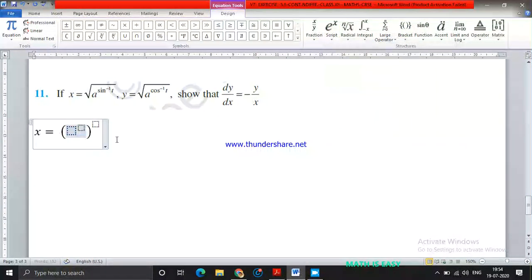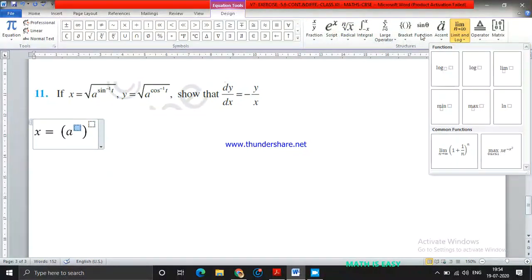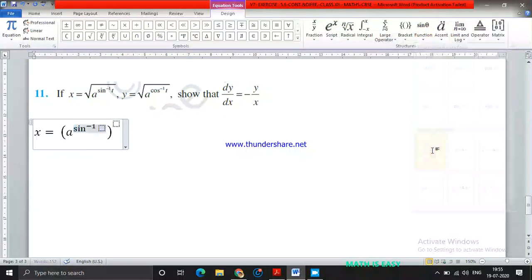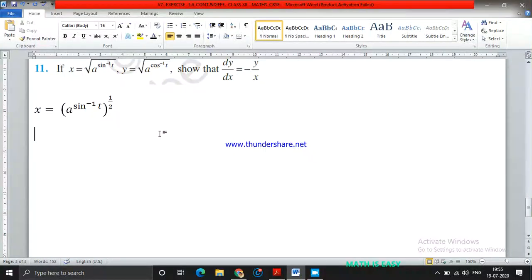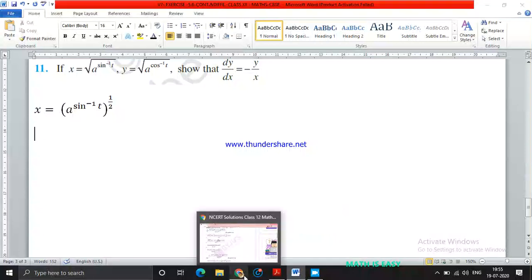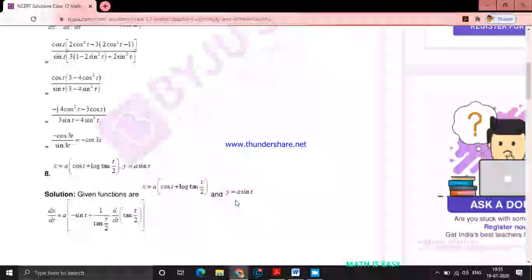Even here one more exponent will come, a to the power sine inverse t, a to the power of sine inverse t, whole to the power of 1 by 2. This root I have written as 1 by 2. Okay. So differentiate. Should I show you the solution directly instead?